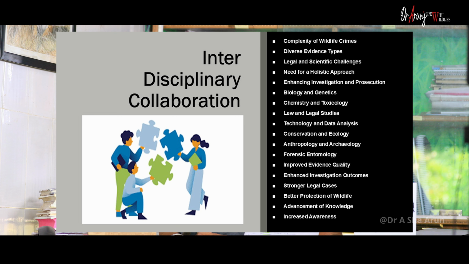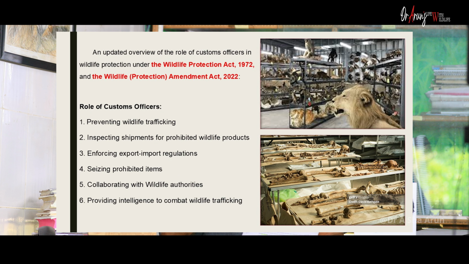And interdisciplinary collaboration, as we always know, the collaboration with law enforcement agencies, forensic scientists and the legal team ensures that a comprehensive investigation is done for the achievement of wildlife conservation.